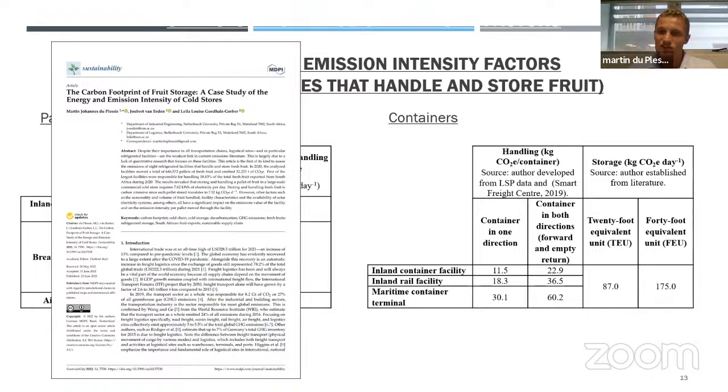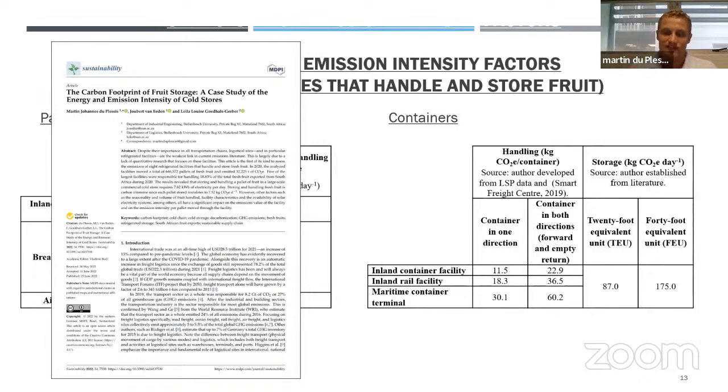That's quite a unique contribution, I think, to quantify the emissions of these cold storage facilities. And then on the right-hand side, for the different types of facilities that handle and store containers, it's also important to split the emissions of these logistical facilities, because it's possible to move a container through a facility without storing it, while other containers are stored for 3, 4, 5 days even. So we need to split this and ensure that the emissions that we calculate are really a fair representation of what is actually emitted.